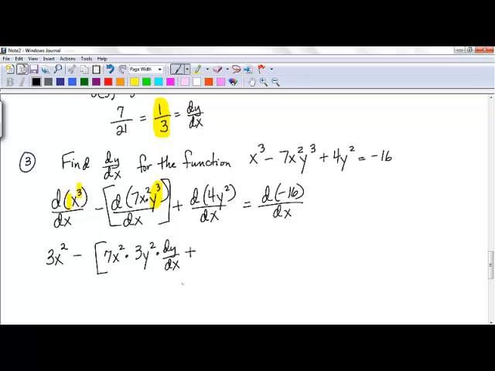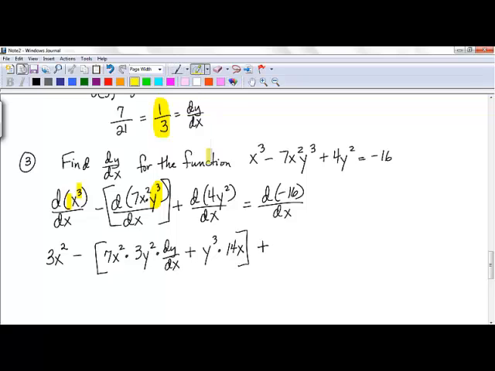Plus, we leave the y cubed the same times the derivative of 7x squared, which would be 14x. That's not a y term, so there's no dy over dx on that. Okay, close the brackets.